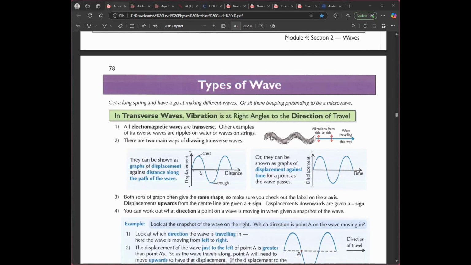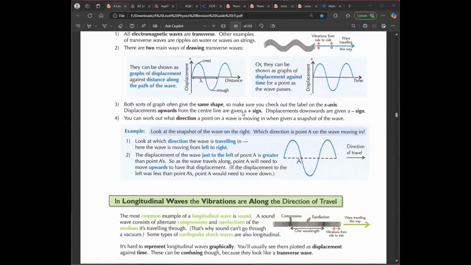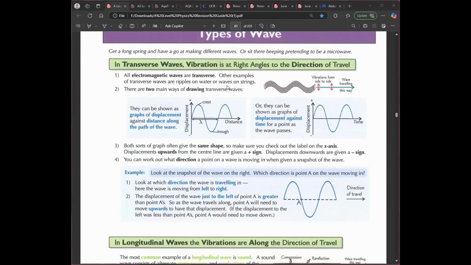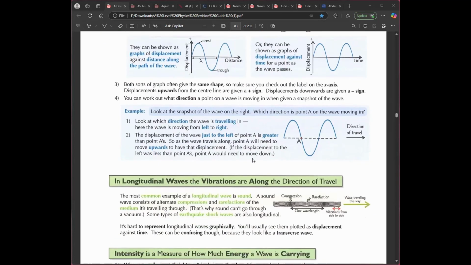So you can see this. If you disturb it from here, you'll see that eventually waves are starting to arise in other parts of this spring as well. So this is a transverse wave. The biggest example is EM waves, which is visible light, infrared, microwaves, and all the waves like that.